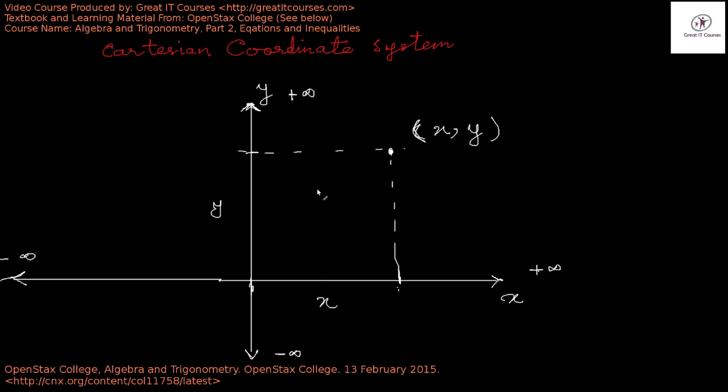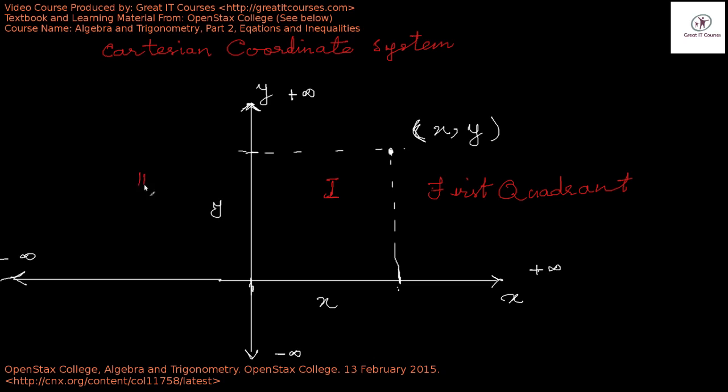And so this system basically divides the plane into 4 sections, as you can see. The sections are basically, this is the first section, called the first quadrant.